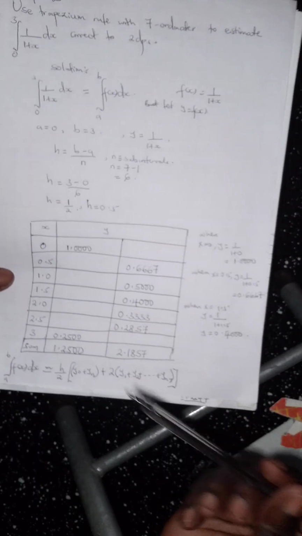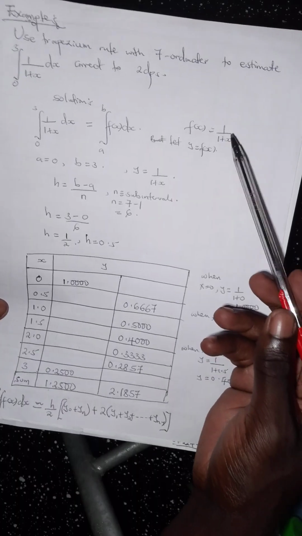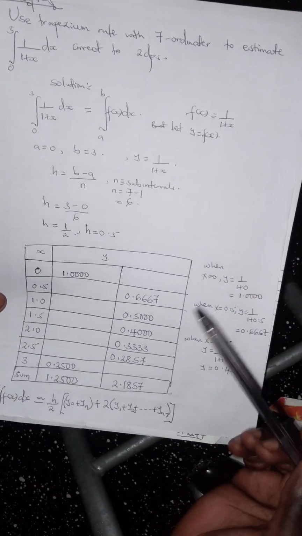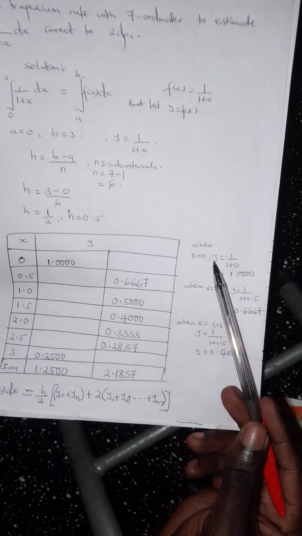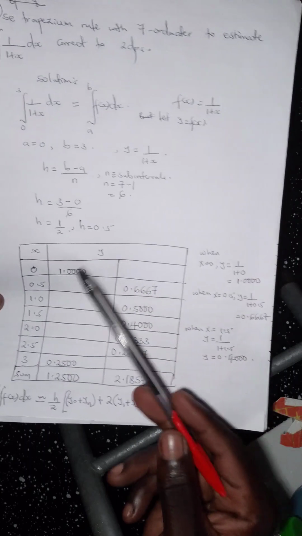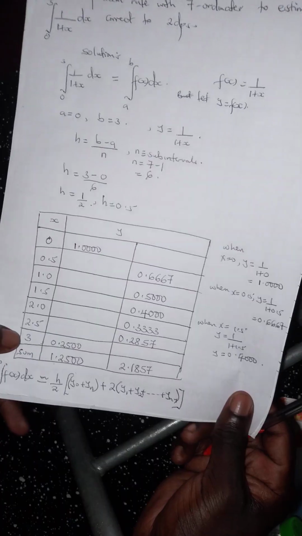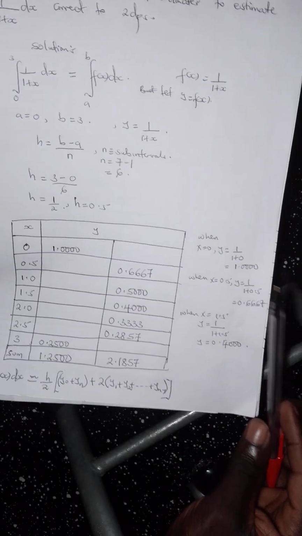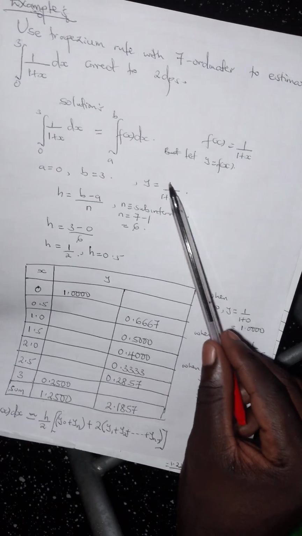So having obtained the x values, you pick one x value at a time and you substitute it where there is x. For example, when x is 0, y becomes 1 over 1 plus 0, which is 1. It is this. When x is 3, you go to where there is x in this expression of y.